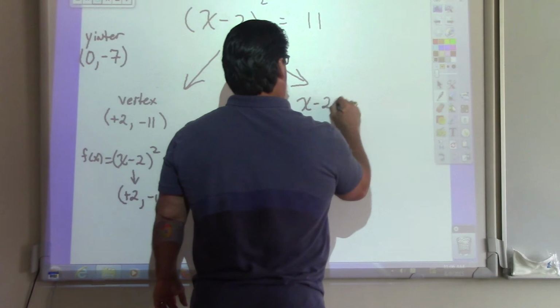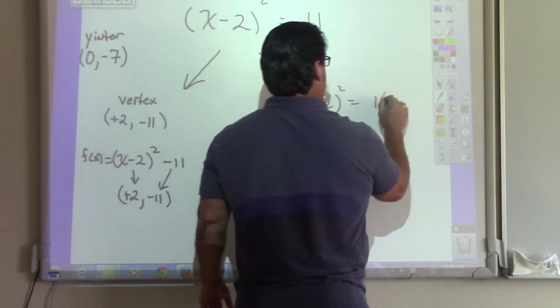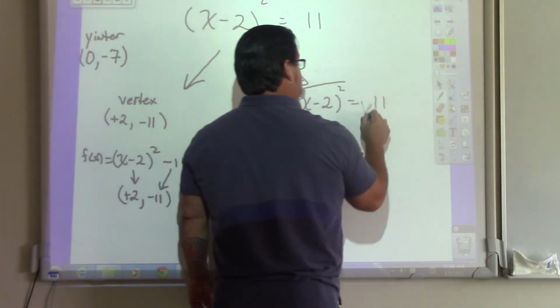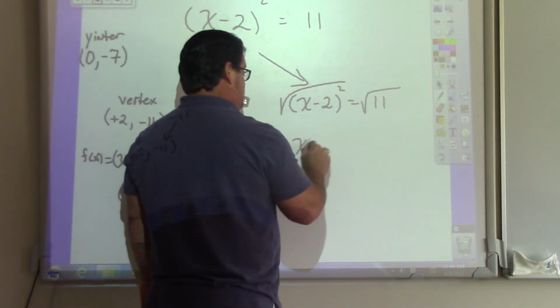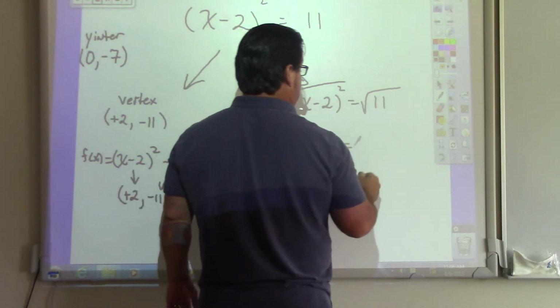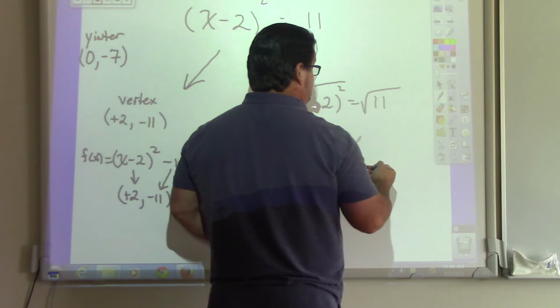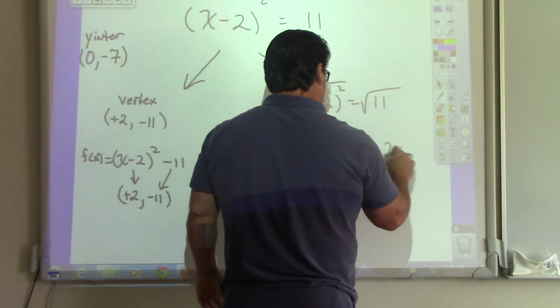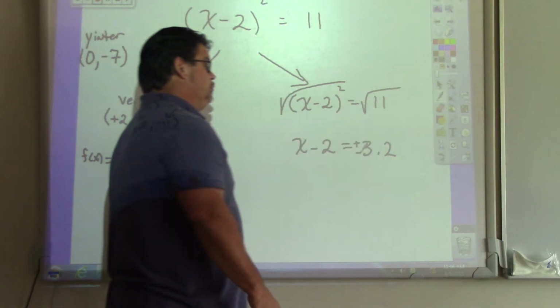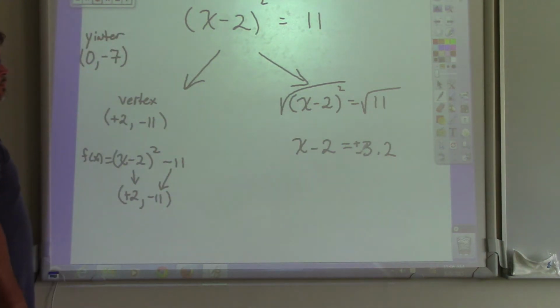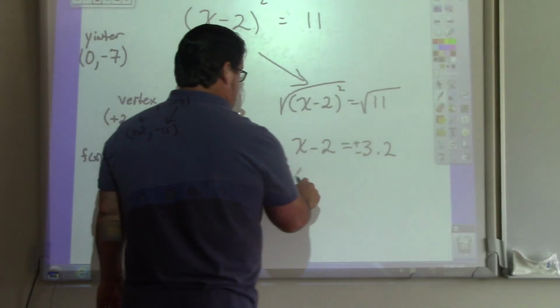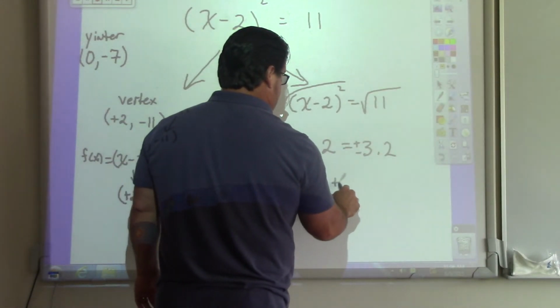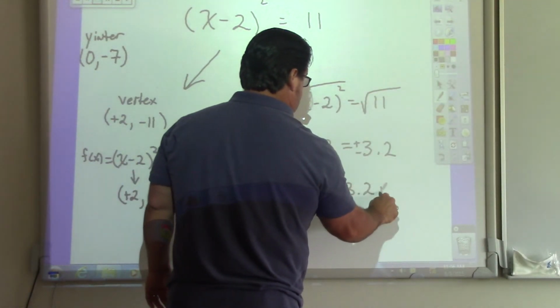x minus 2 quantity squared is equal to 11. Square root of both sides. x minus 2 is equal to the square root of 11, which is going to be around 3.2, positive or negative. x is equal to positive or negative 3.2 plus 2.